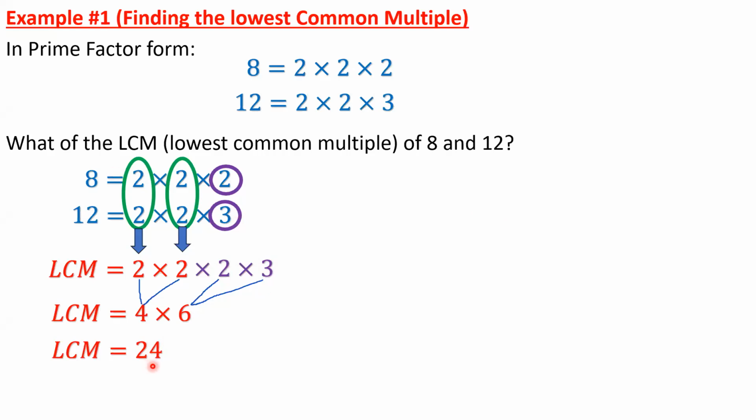Yes, sir. Okay, so what we have to do first is find the lowest common multiple. So in order to do that, you will put the multiples down for 8, which would be 2 times 2 times 2. Wait, that's not the multiples. I mean, sorry, the prime factorization.